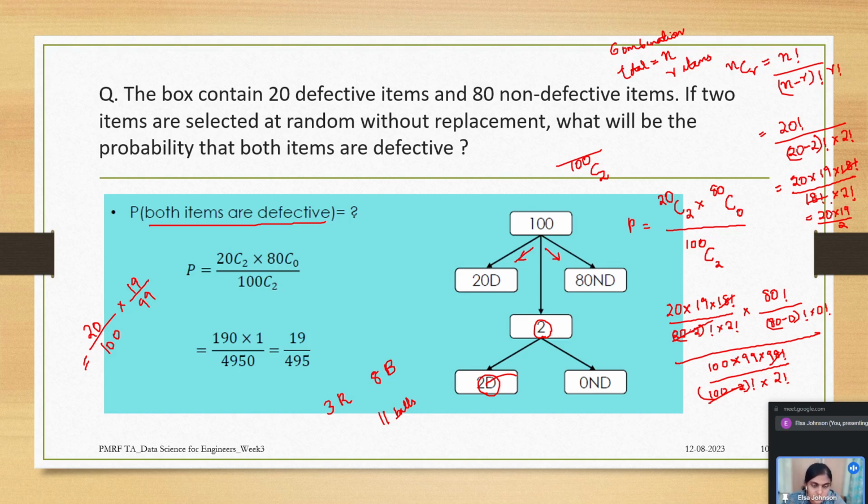So if you have the probability of round as well as square, and then you want to find the defective, then you can say the probability of occurrence of defective related to any other condition. In that case you can use the Bayes theorem. We'll come to examples with that.